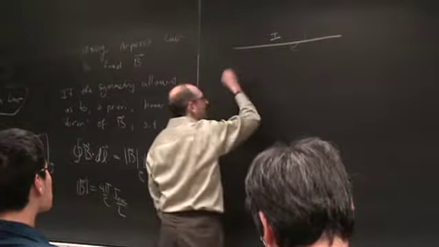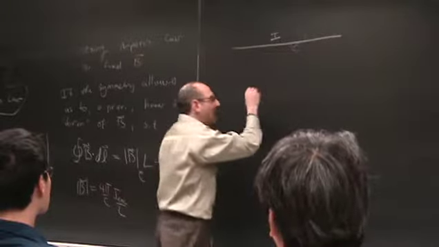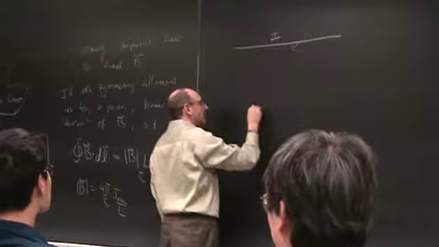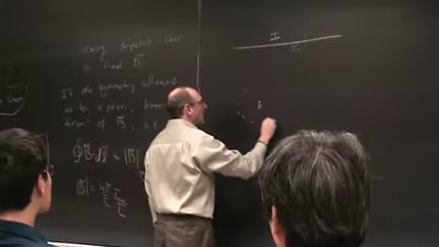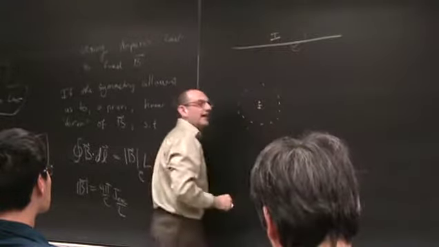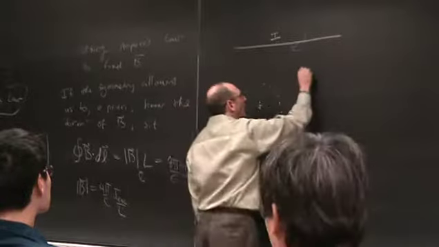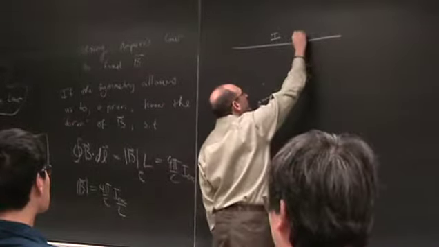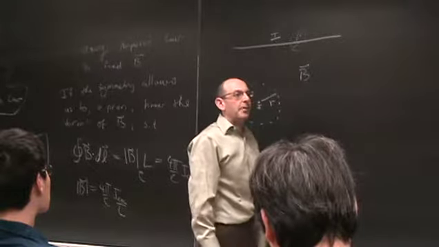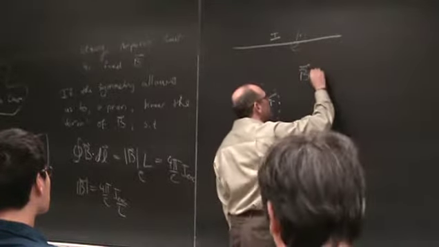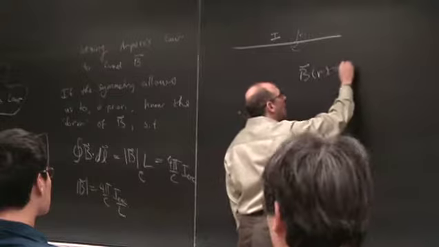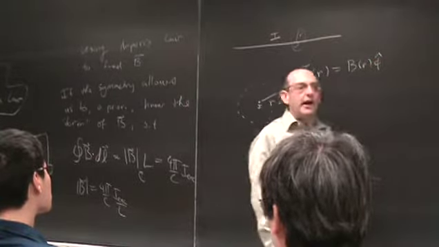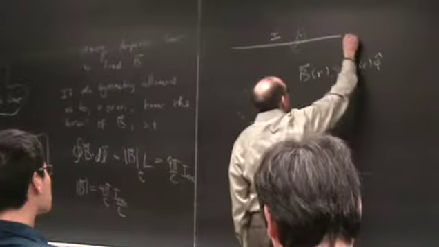So if I stop trying to draw perspective, because I'm so bad at it, here's the current coming out of the board. Then we know the magnetic field has to be of the form, if this is the radial distance r perpendicular to this, the magnetic field is only a function of r and points in the phi hat direction, if this is the z direction.